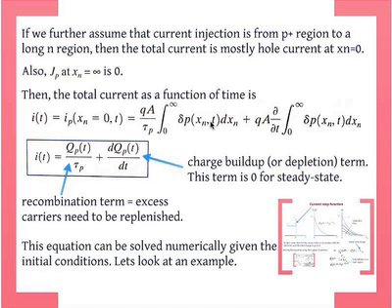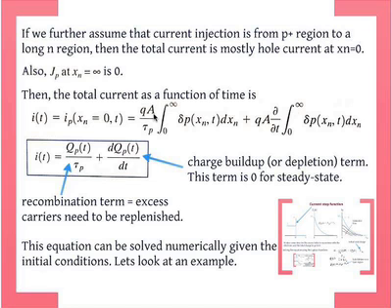Q times the number of excess carriers is the excess charge on the n side. So this is the excess charge stored, multiplied by A, giving the total charge stored on the n side, which of course recombines and disappears within its lifetime.